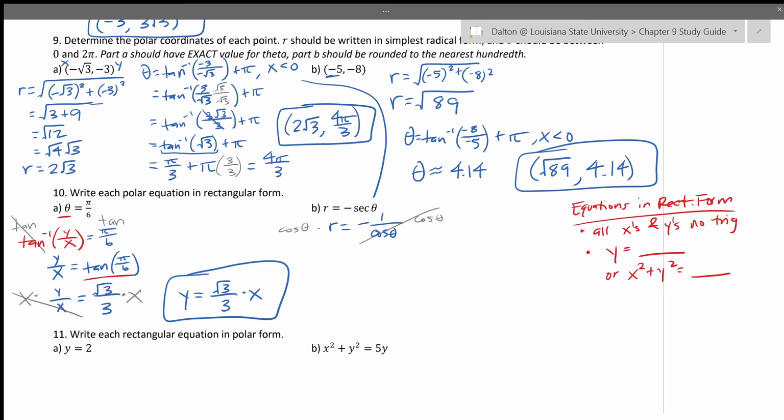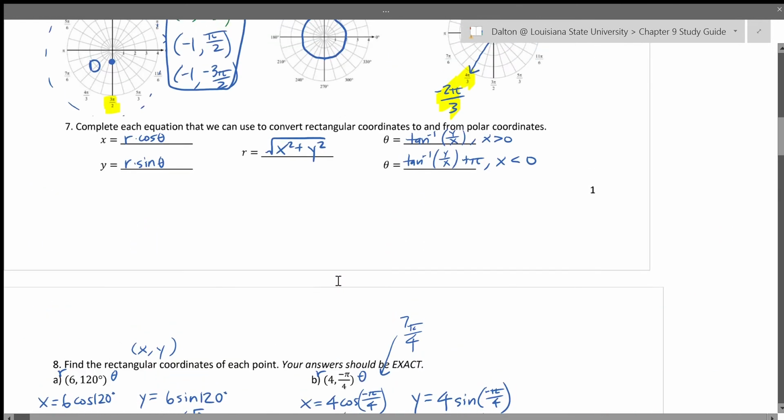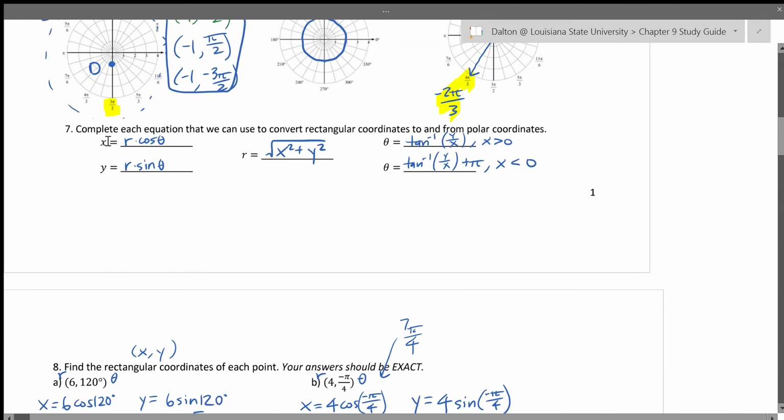Now, that gets rid of secant, but on the left side, I'm still left with r cosine theta is equal to, on the right-hand side, negative 1. The reason I did that was because I'm pretty good at these because I've done them. I knew that if I multiply both sides by cosine, on the left side I have r cosine theta, which in your equation for number 7 is the same thing as x.